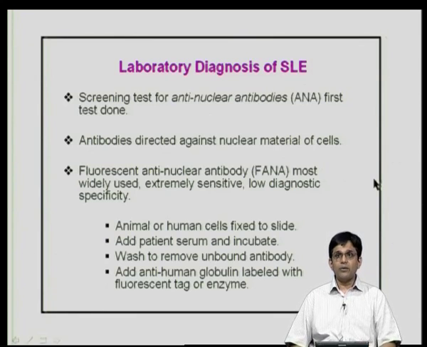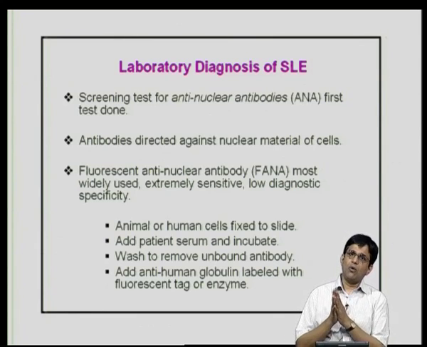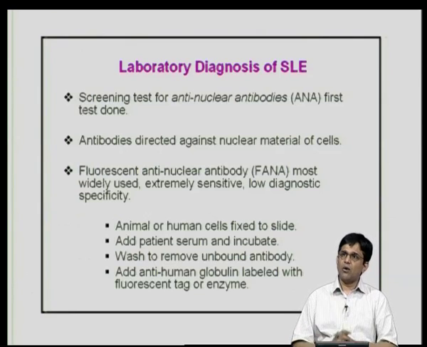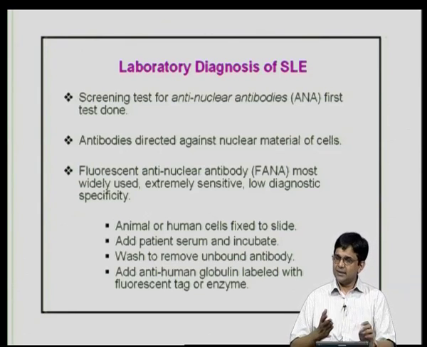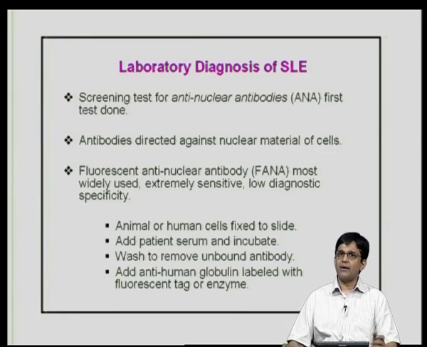In terms of laboratory findings, one of the distinguishing features of SLE is the generation of anti-nuclear antibodies, and that is what is often used. You have methods to detect these, which have diagnostic benefit.